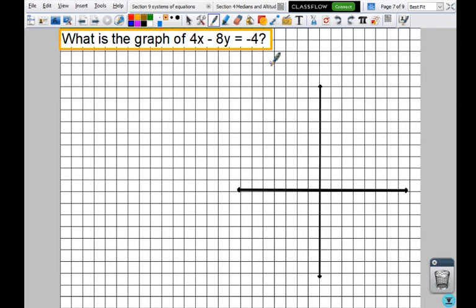So just put it down first. I got 0.5. From 0, up 1 over 2.